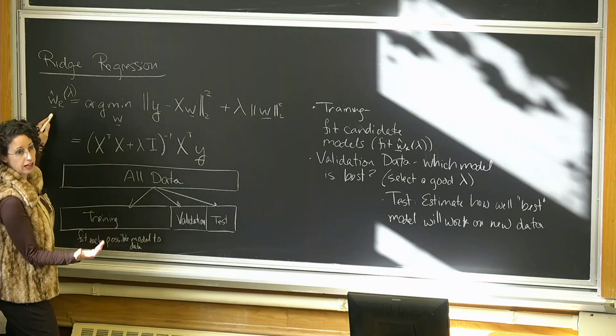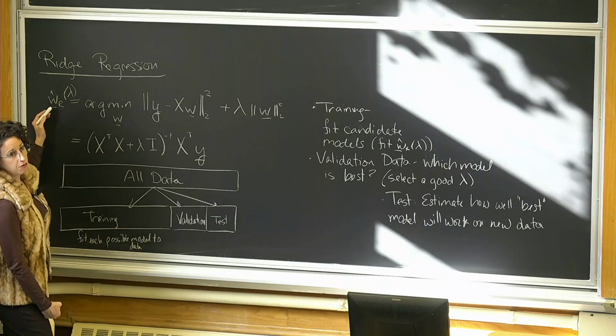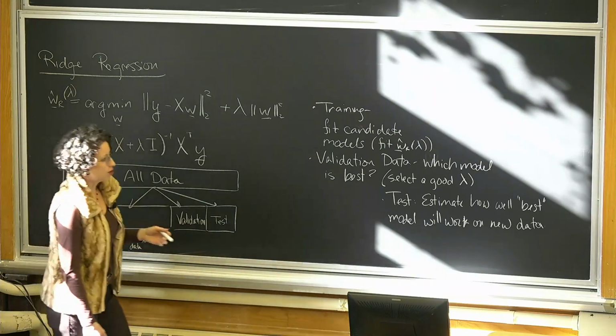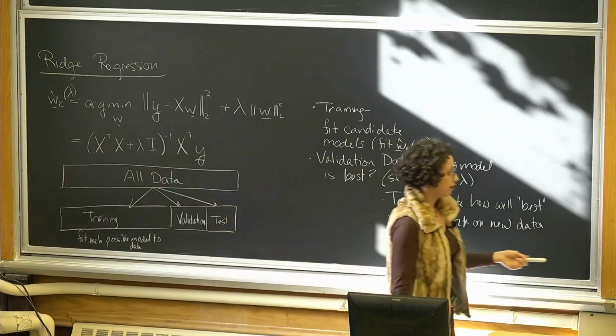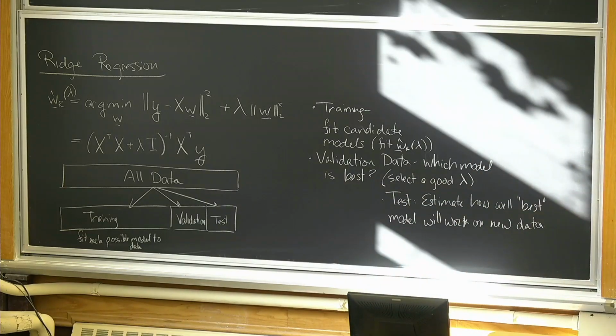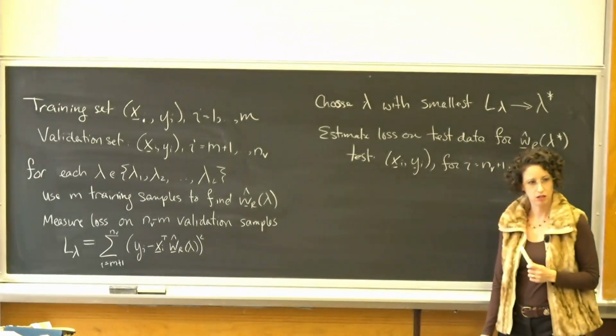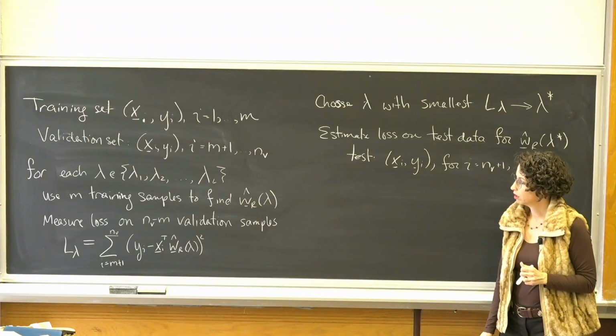So for every different lambda you give me, I would give you a different weight vector coming out of ridge regression. And so now what we're talking about is saying, how do I choose which lambda I want to use? And that's what this process on the middle board is about. I'm just wondering if like the left side of the argument is the same as the loss function.